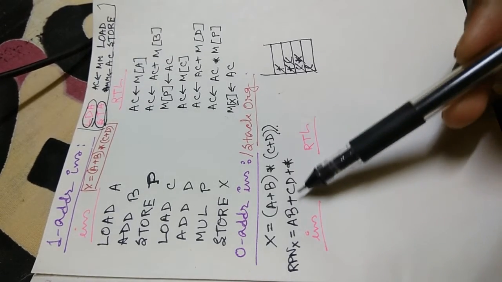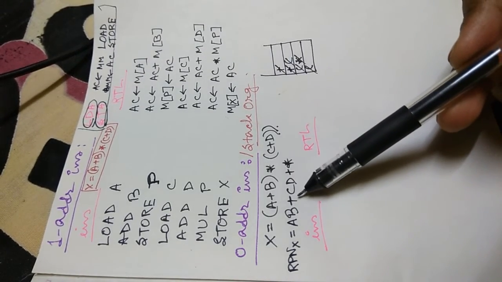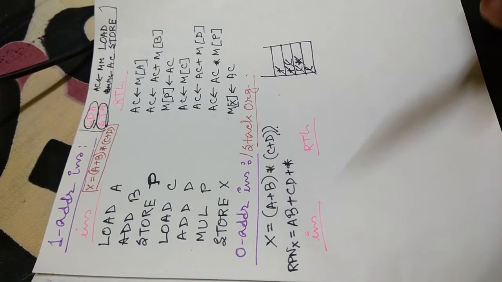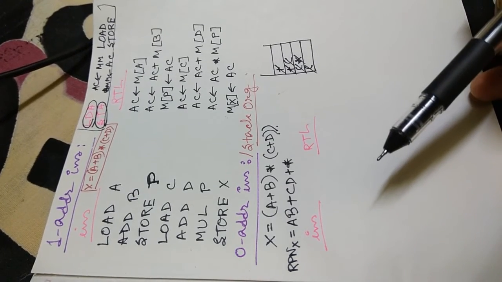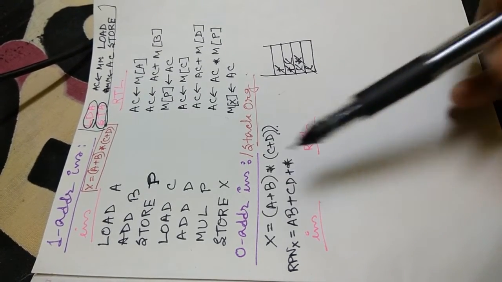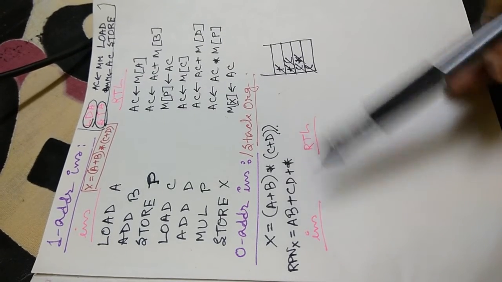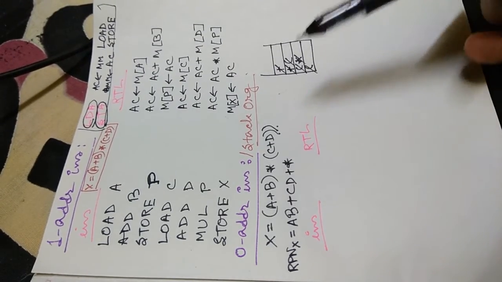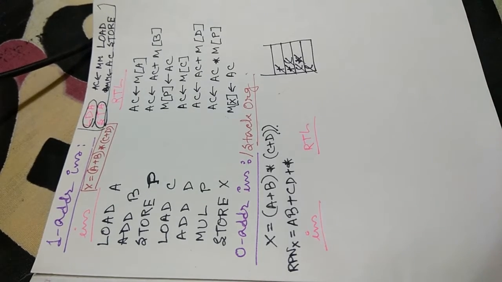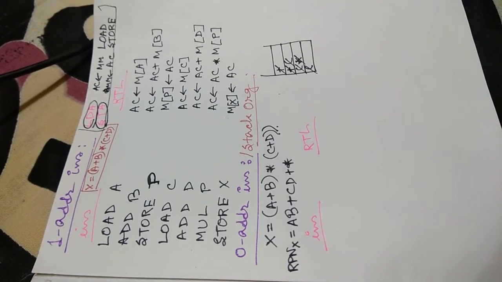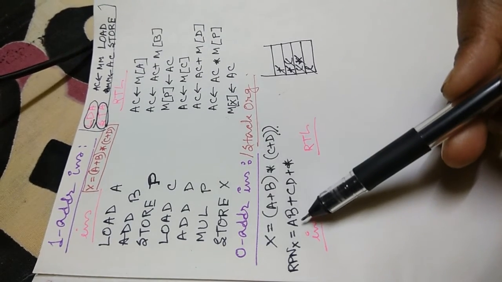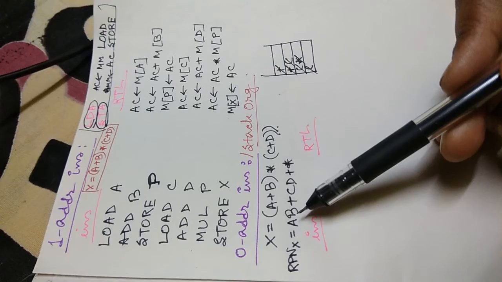When we encounter an operator, the two topmost elements are popped from the stack, and that operation is performed between those operands, and the result is pushed automatically into the stack, right? And we will write this in RTL. Okay, so first we encounter A, means it is an operand, so we have to push it.